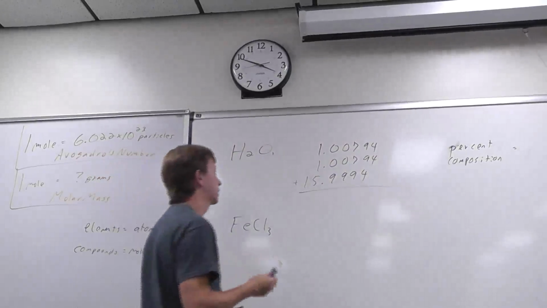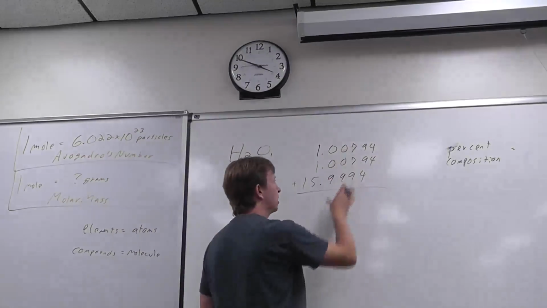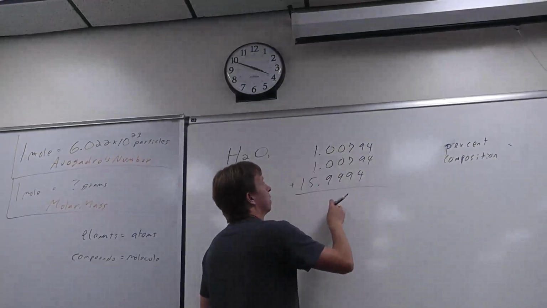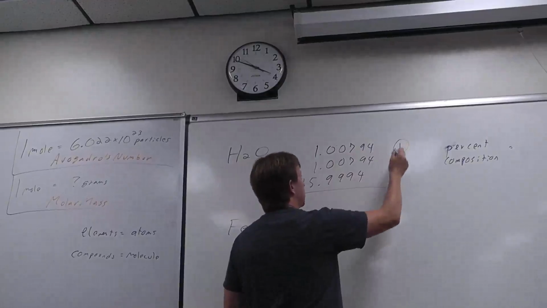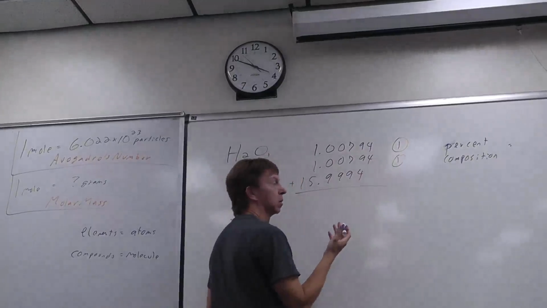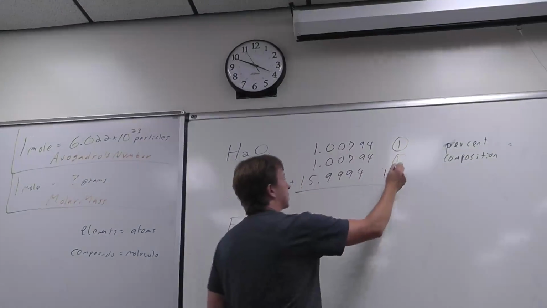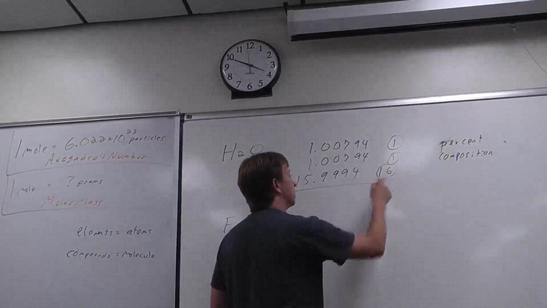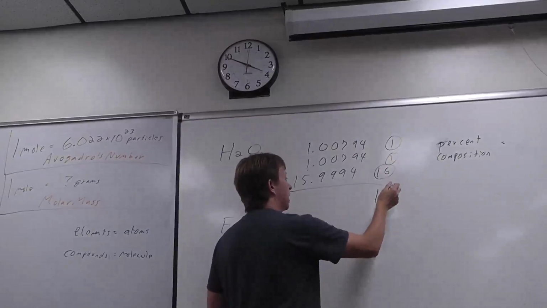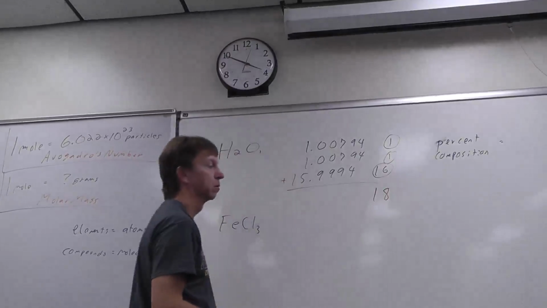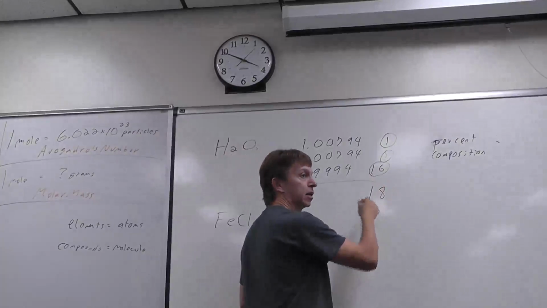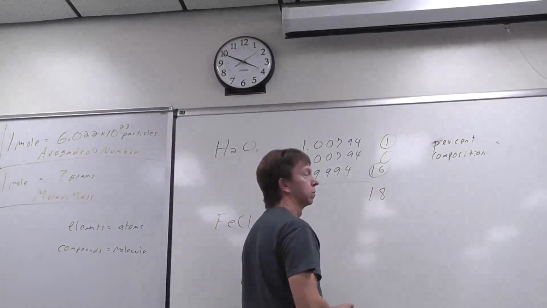Just for illustration's sake, these hydrogens weigh essentially 1 each, correct? The oxygen weighs 16. So if we did treat that as whole numbers, which we shouldn't, then that's a total molar mass of 18. Water has a molar mass of 18, and 16 of that 18 comes from the oxygen.